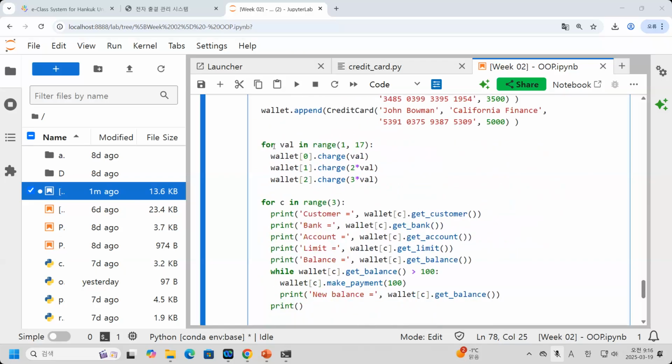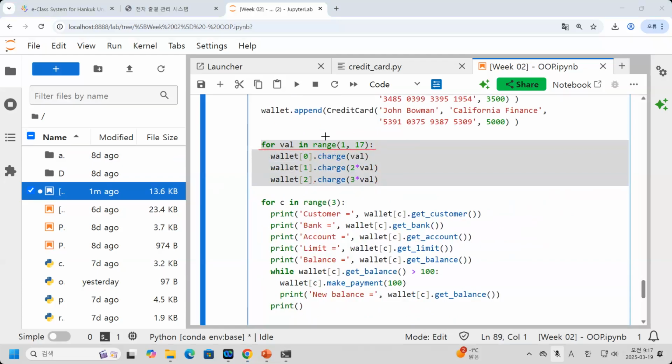Now, just for an experiment, it is only to make the transaction. So it is only for the transaction. I think you already learned about for. What is for? We want to do the repetition.